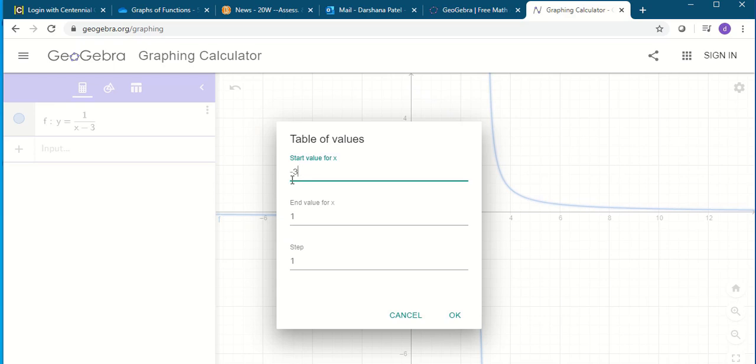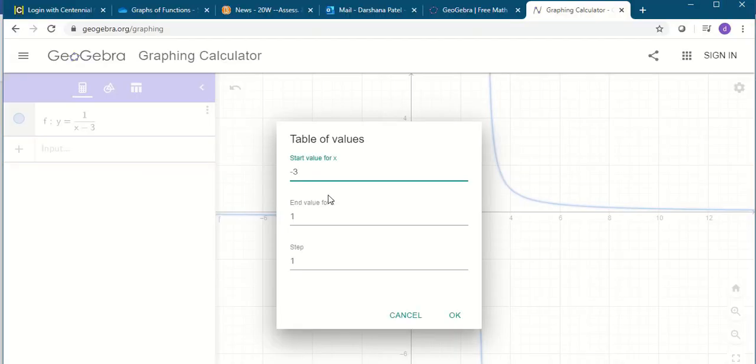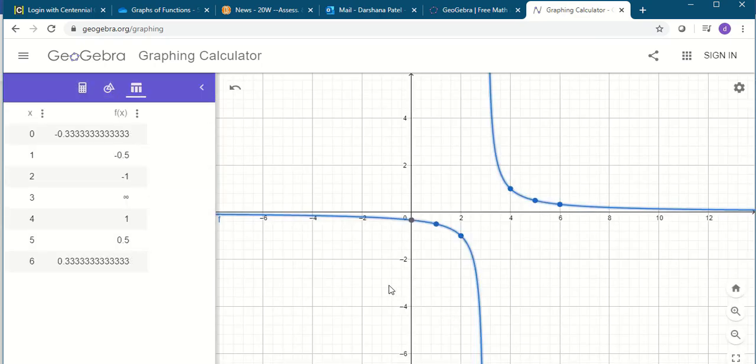So we will go for the table of values. We will go from 0 to 6. And then here at 3, as you see, it's infinity, meaning that there is an asymptote going through 3. Your graph cannot cross that line.